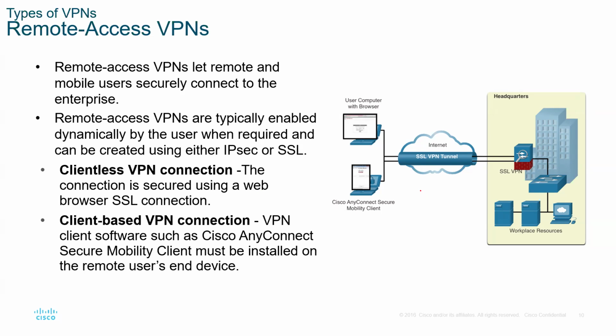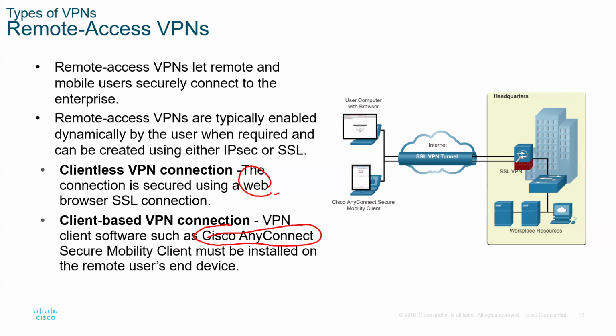When we talk of clientless, that's where we are using the browser, the web. You go to a website which will help you connect to a remote network via a VPN. With client-based, we have software installed on your device as a client. That's the software that you use to initiate a VPN connection.